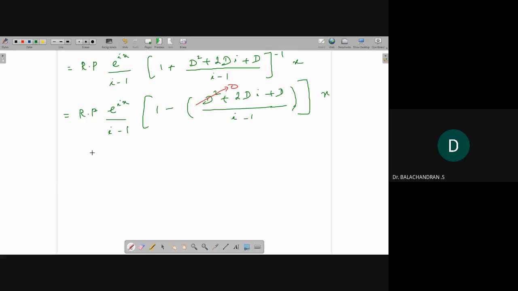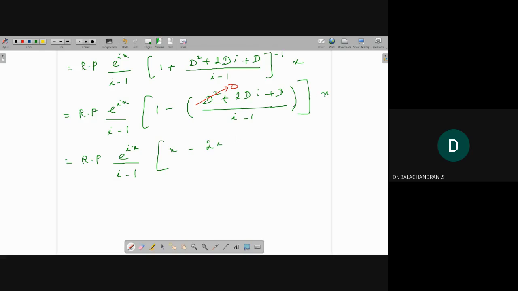Okay, so real part of e power ix by (i minus 1) into [1 into x, minus (2 into differentiation of x) ...]. Differentiation of x is 1.